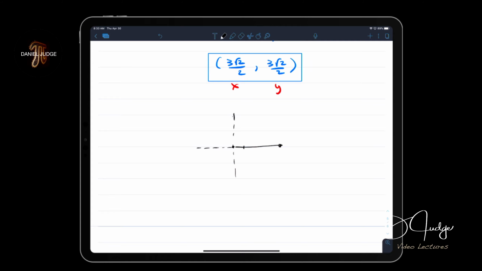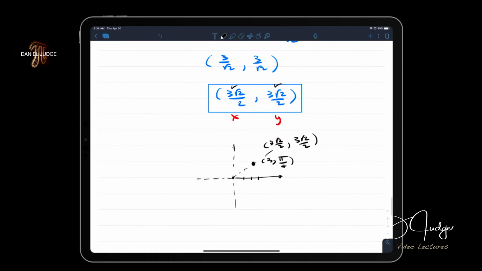If I said 1, 2, 3, and I rotate that pi over 4, that looks like this is the location of 3, pi over 4. However, it's also the location of 3 square root of 2 over 2 and 3 square root of 2 over 2. So these are the same points, but in different systems. So we converted. Anyway, it's kind of a little sketch there for you guys.